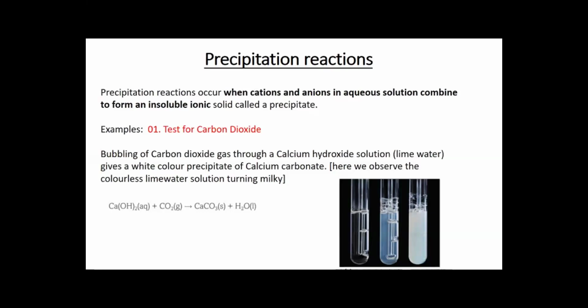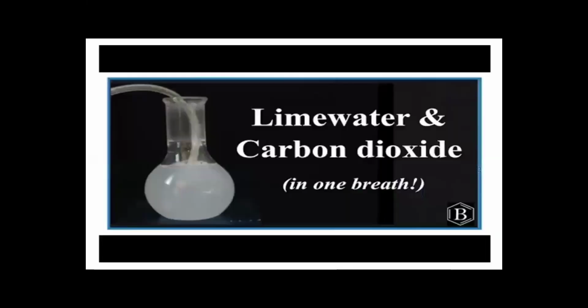It will turn milky. What is the reason for turning milky? That is due to the formation of calcium carbonate solid, or we call it calcium carbonate precipitate. So that is one example of the precipitation reactions. And after that, I showed you this video also, right?